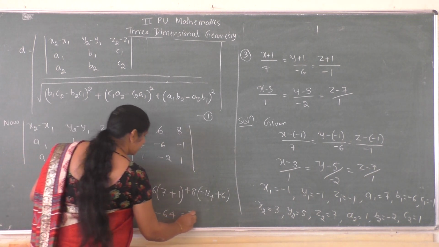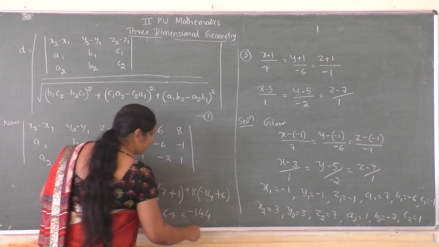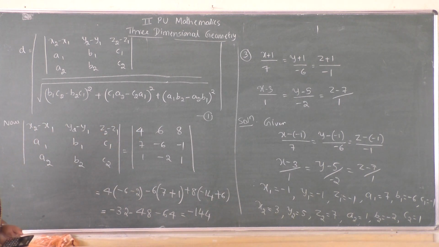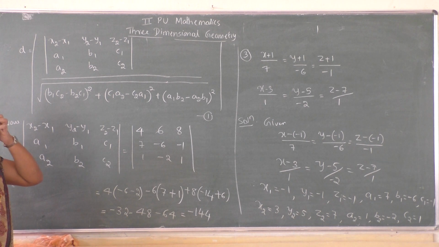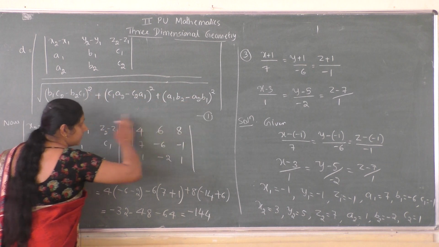So we'll get minus 144. This value is the determinant value. Now we have to find the other value.